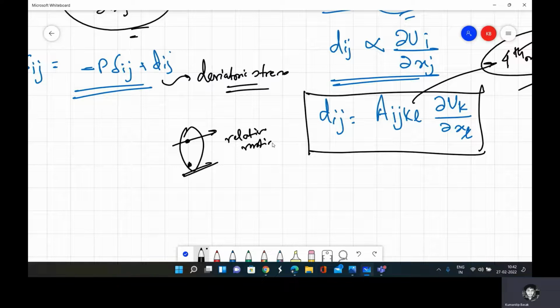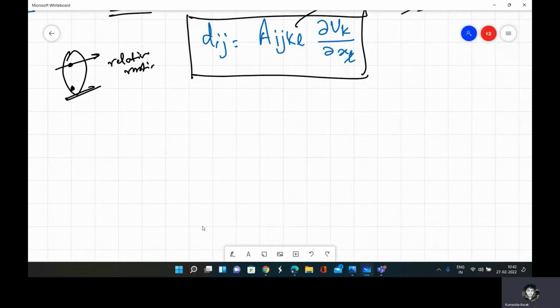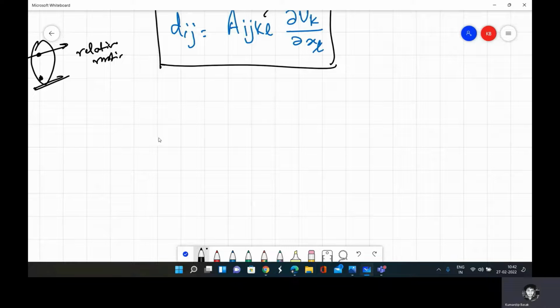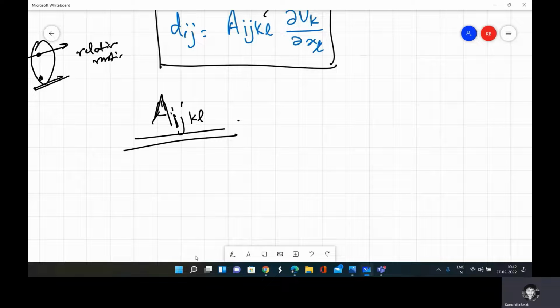Now you have to understand this part: what is this Aijkl? 3 cross 3 cross 3 cross 3, this is a fourth order tensor. So we can't just simply go with that. We have to simplify it. How? Here we are assuming the fluid is isotropic.